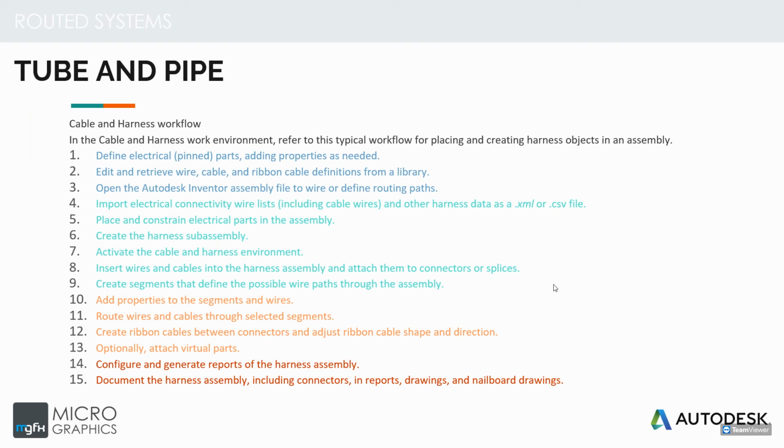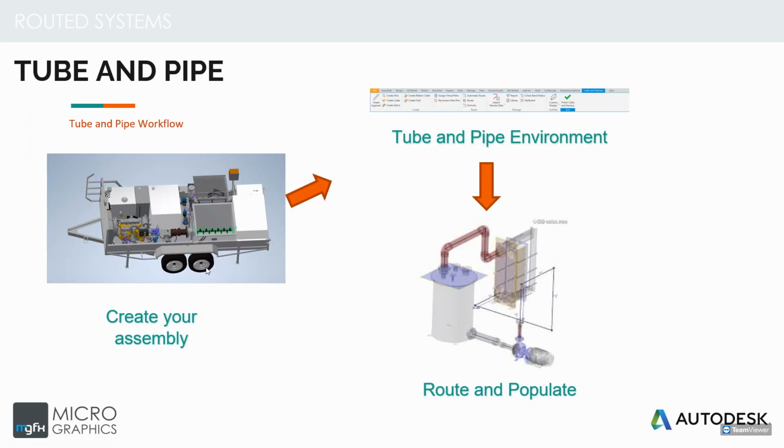The same thing can be said about the tube and pipe environment. This again is the official workflow according to Autodesk's manuals. So you can probably find this online on their help. But the idea being that you've got to do some prep, you've got to import your data, and then you'll be able to navigate to the tube and pipe environment and insert your pipes.